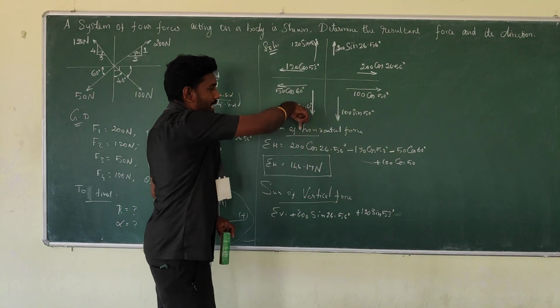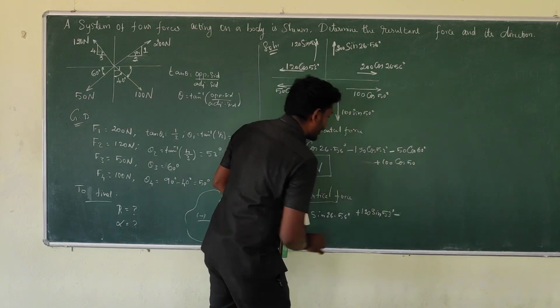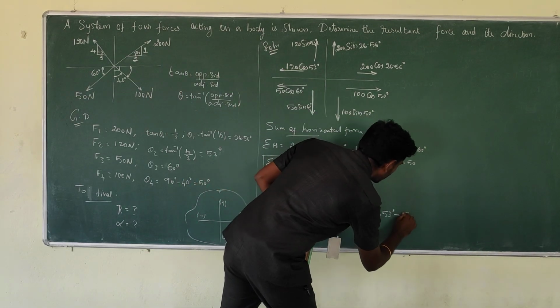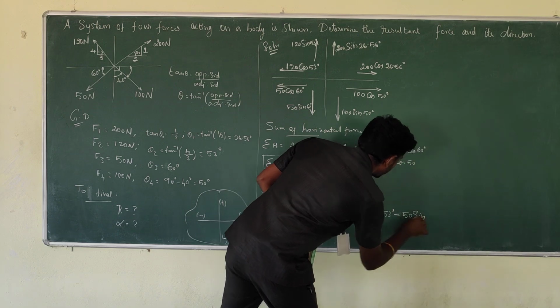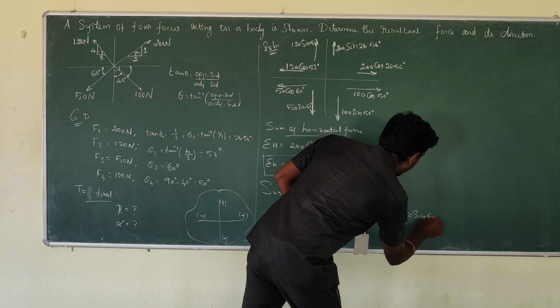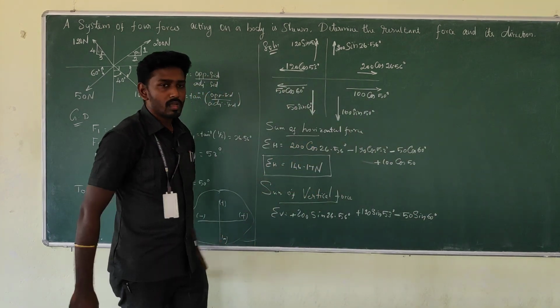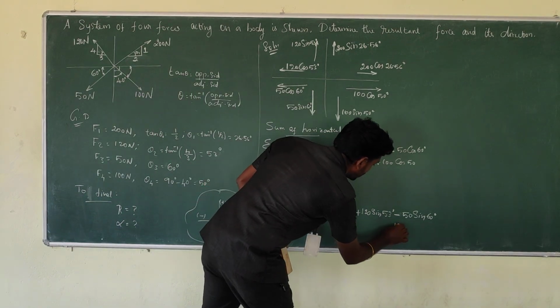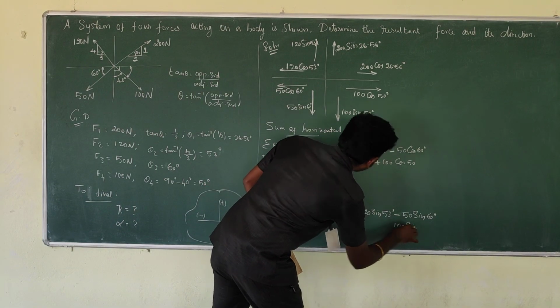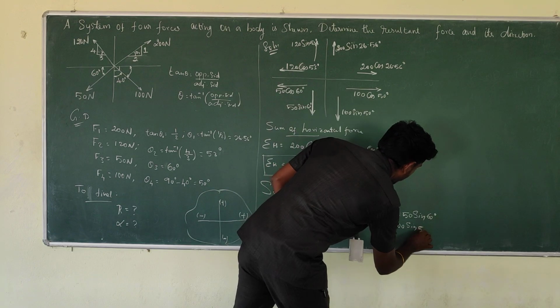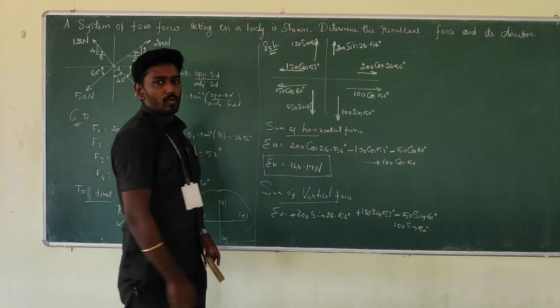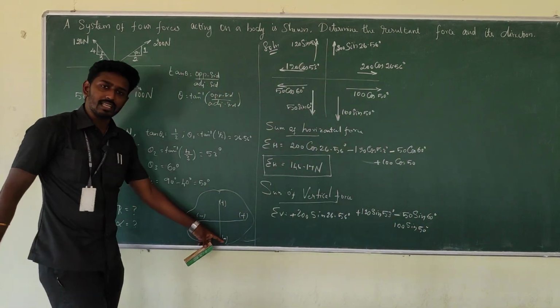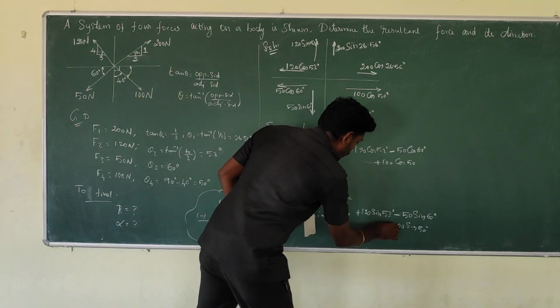This force is just directing downwards, so it is a negative sign. And 50 sine 60 degree. What about the next one? 100 sine 50 degree, which also directing towards downwards. So the sign concern it's a negative.